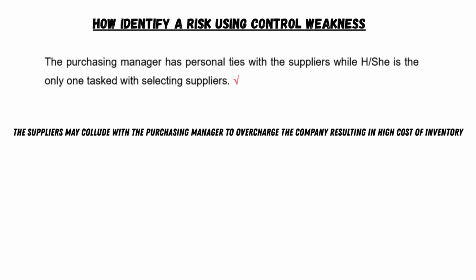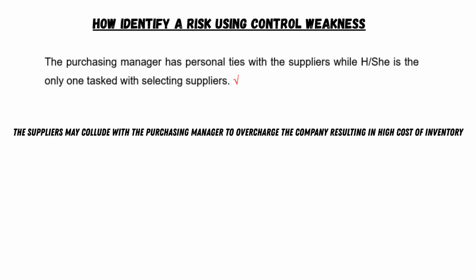Now, if we look at the next weakness there, we said the purchasing manager is the only one responsible for selecting suppliers, and we also noted that they have personal ties with the suppliers. So as a result of that, suppliers may overcharge the company, resulting in high cost of inventory or resulting in financial loss.